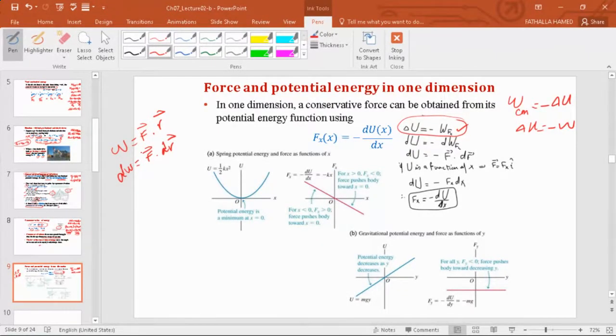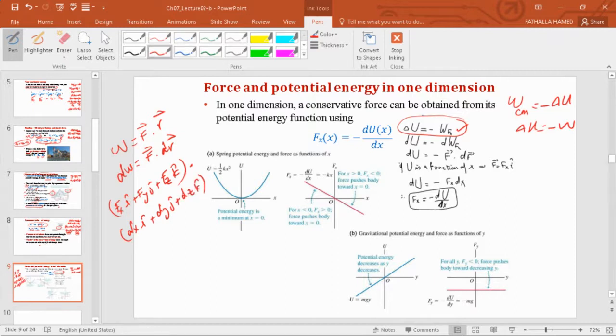Now, F has an x component, y component, and z component. r also has an x component, y component, and z component. So basically, you can say that it's Fx i hat plus Fy j hat plus Fz k hat dotted with dx i hat plus dy j hat plus dz k hat.